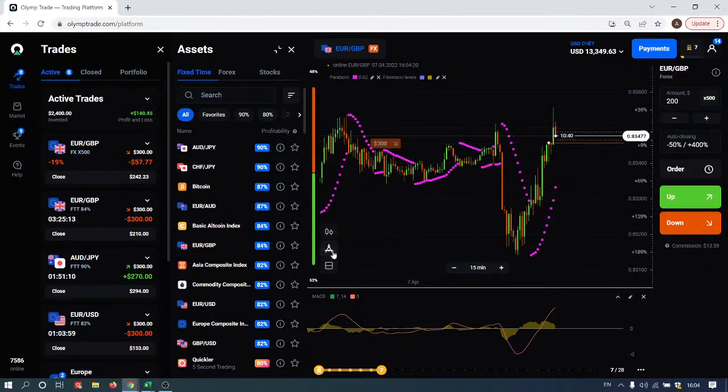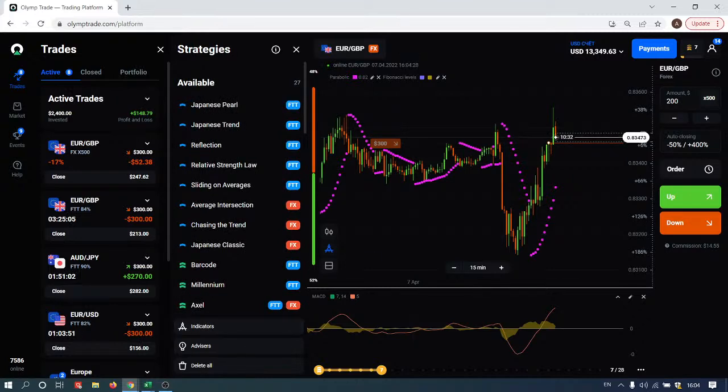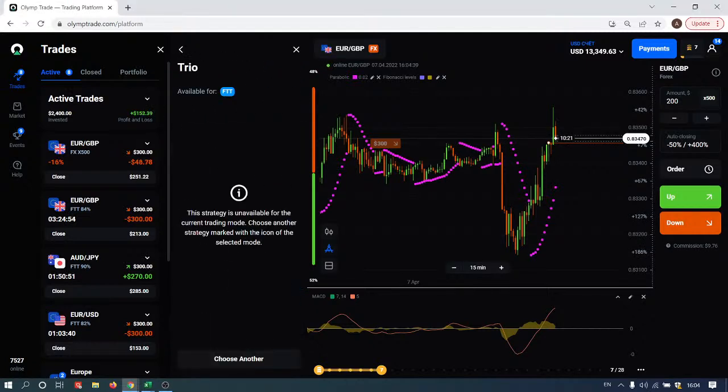Now, first of all, let's go to the technical analysis tab. Scroll down a little bit and you will see trading strategies. You click there and you will get to where it is. Trio. Yes.